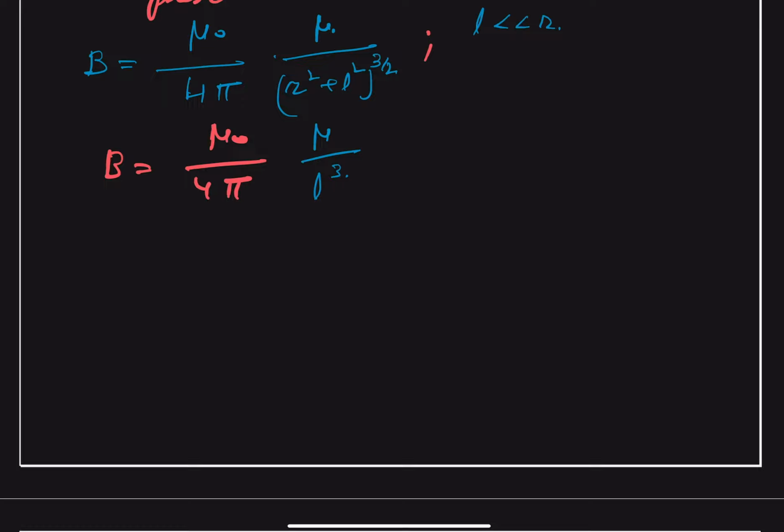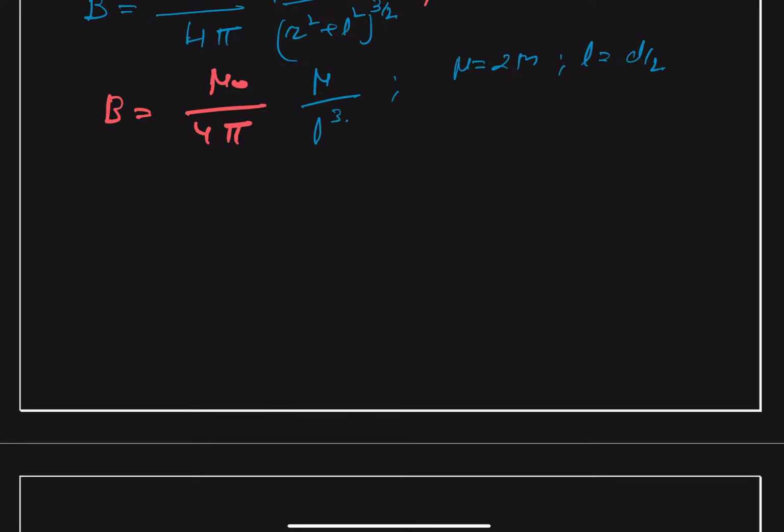And mu is given as 2m, and our L is equal to d by 2. Therefore, we get for y, mu naught by 4 pi twice m, and this comes as d by 2 whole cube.